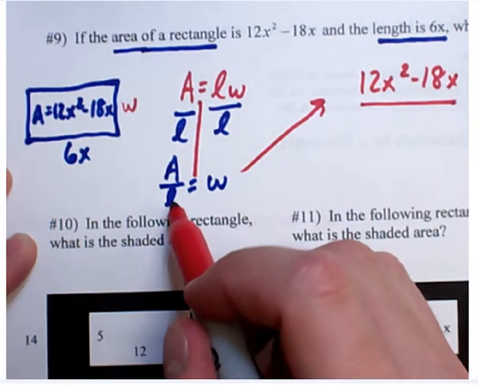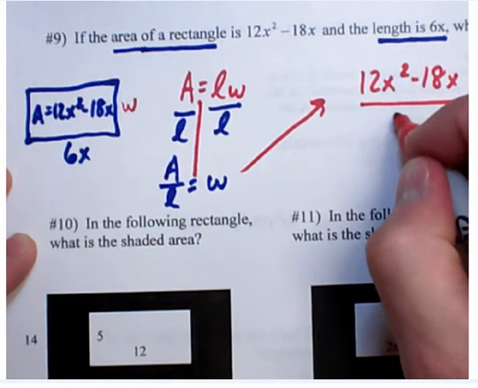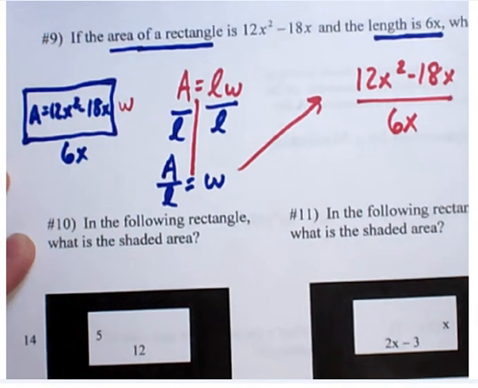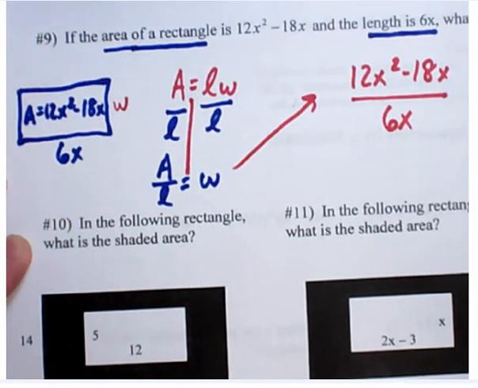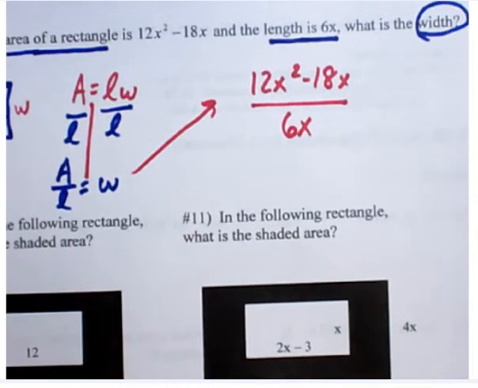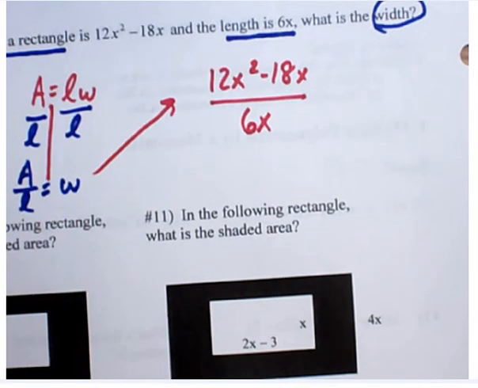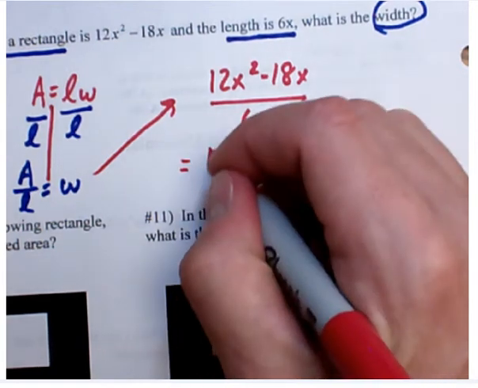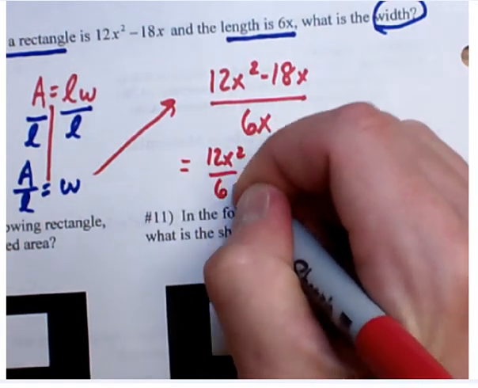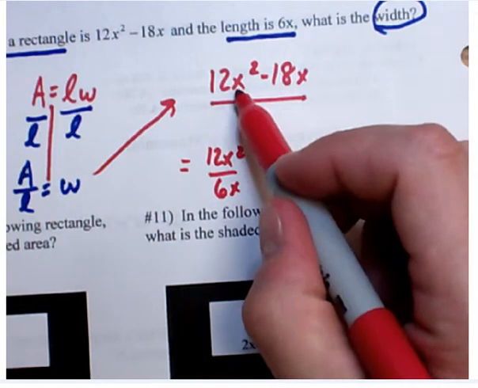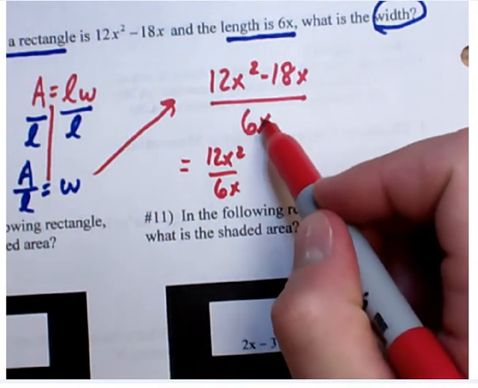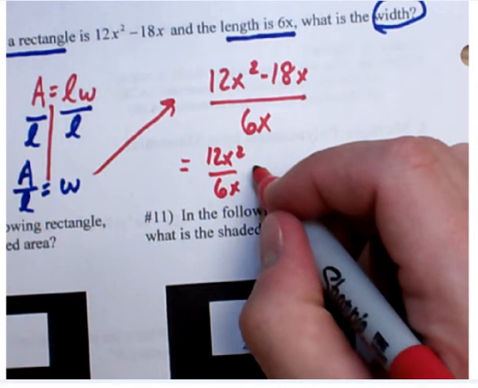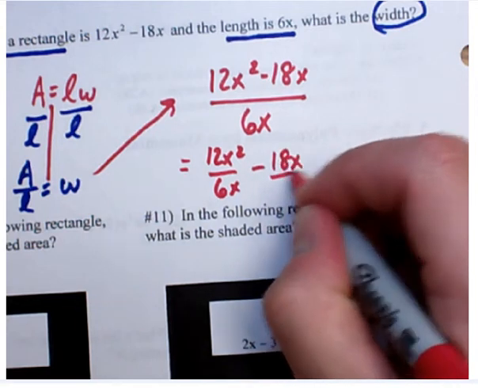What's the length? 6x. So we substitute that for L, and then we simplify that, and that gives us W. So to simplify it, we're going to break this up. So we get 12x squared divided by 6x. You have to take everything in the numerator and divide it by the denominator, each piece, and then minus 18x divided by 6x.